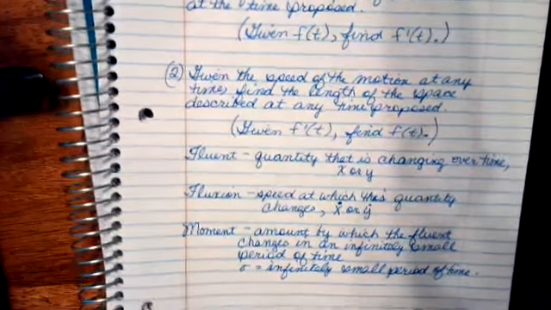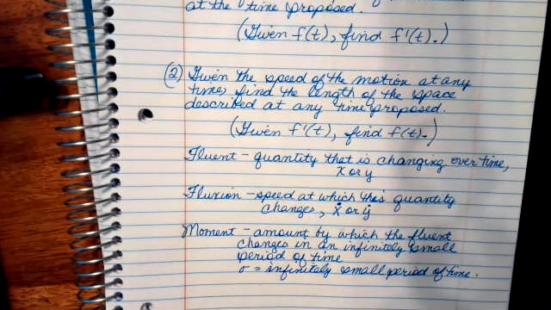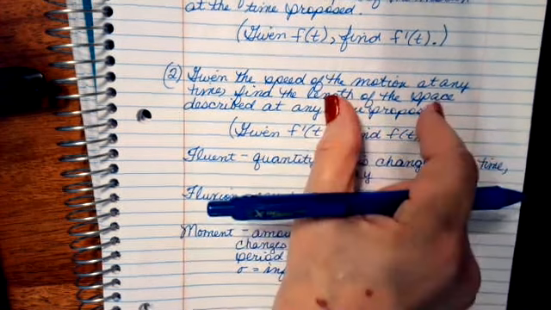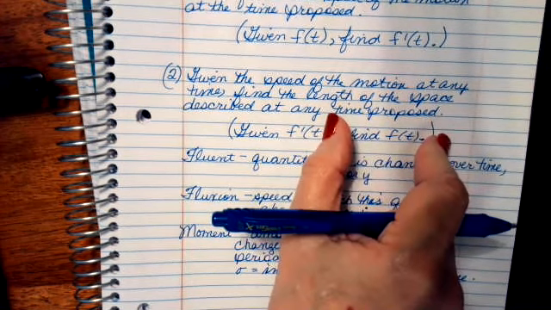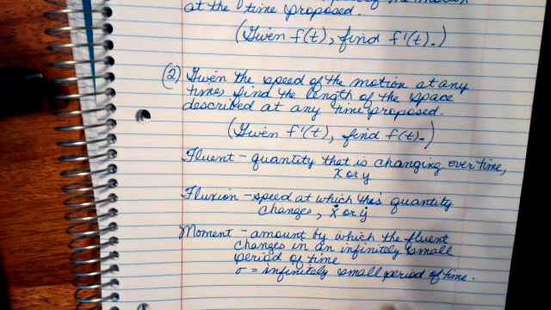Okay, so think about it for a second. The amount by which the fluent changes, that's a distance. It's moving from here to there, and from here to there is the amount that is changing. That distance that it's changing, we know can be represented by the rate times the time. Distance equals rate times time.